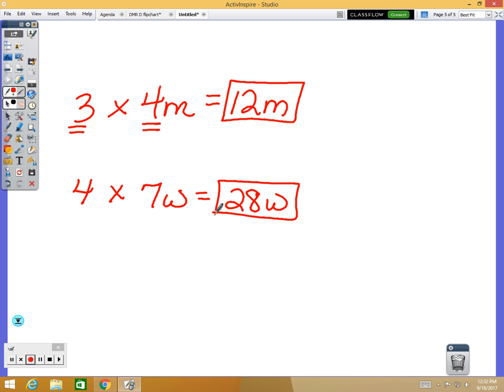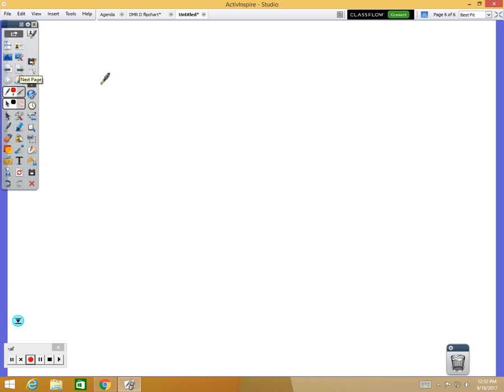So now I'm going to put this skill in with distributive property. All right, ready? So what number are we distributing? The 3. We're distributing the 3.